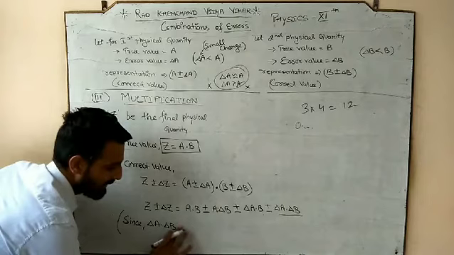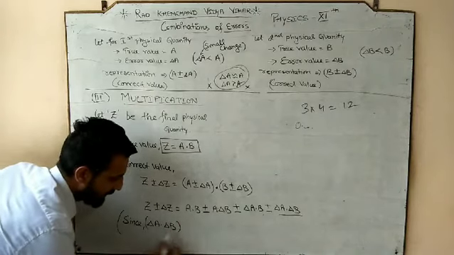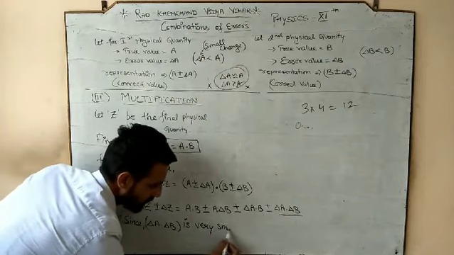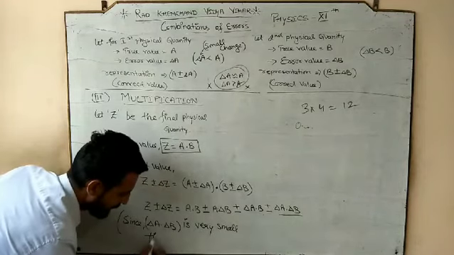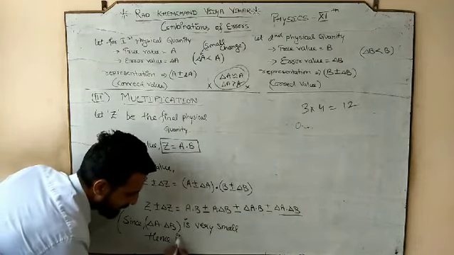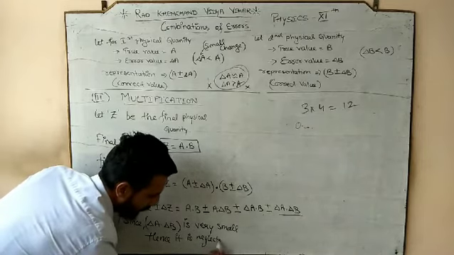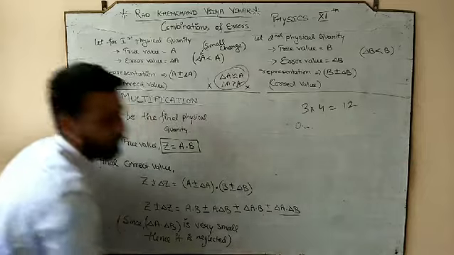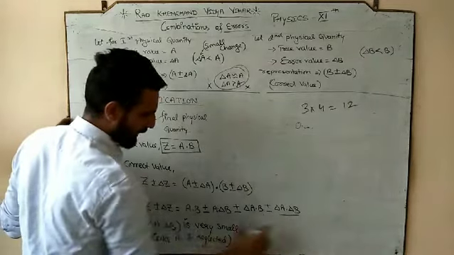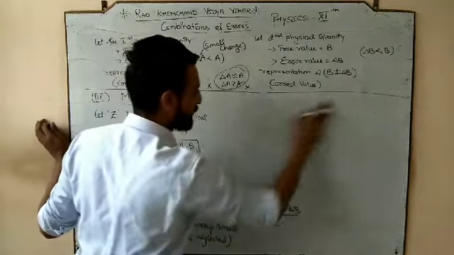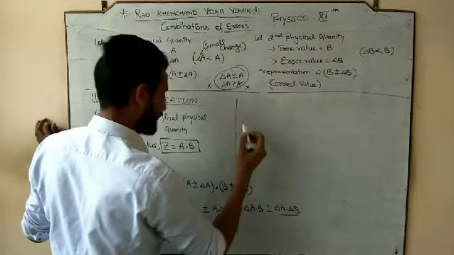So since delta A dot delta B is very small, hence it is neglected. If that value is very small, then in this whole term we can neglect it. So after neglecting, what did we get?